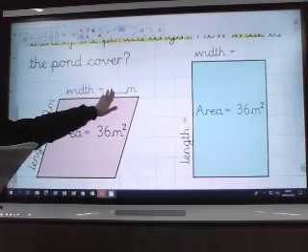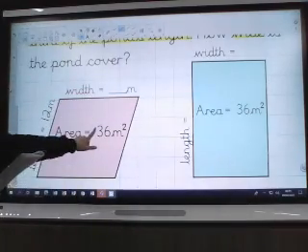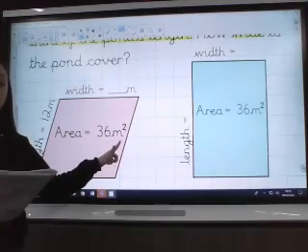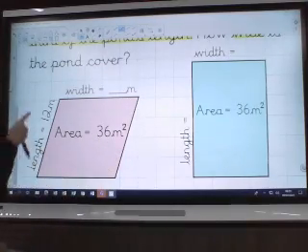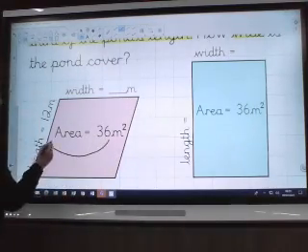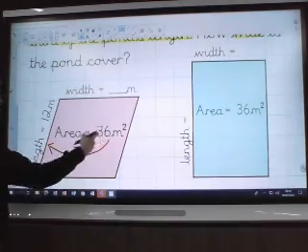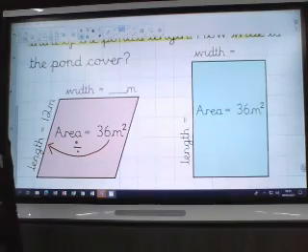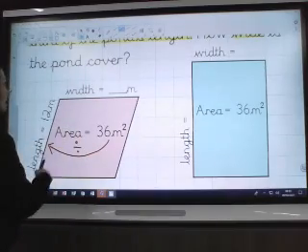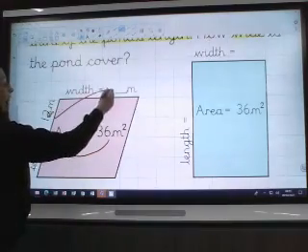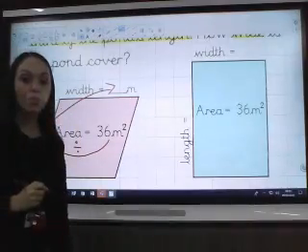We don't know the width yet, so I've left that one blank, but we know the area is 36 metres squared. So to work out the width, we can do the area divided by the length, can't we? So you can do 36 divided by 12, and that will give you your width.